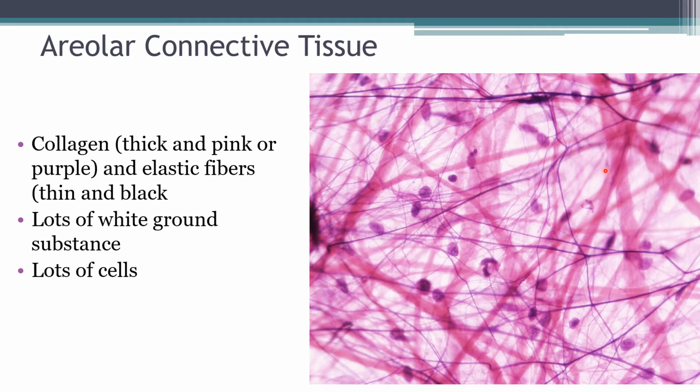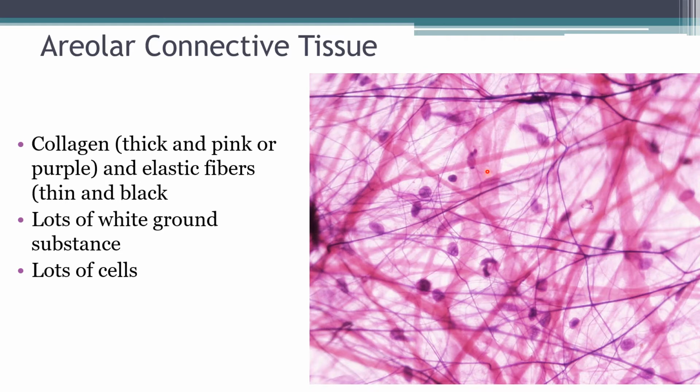The collagen fiber bundles are the thick, pink, pasty fibers that you see crisscrossing this slide. Collagen fibers tend to look like they're in the background because of the way that they stain. The elastic fibers are the thinner black ones that look like hairs, crisscrossing this whole field of view here.